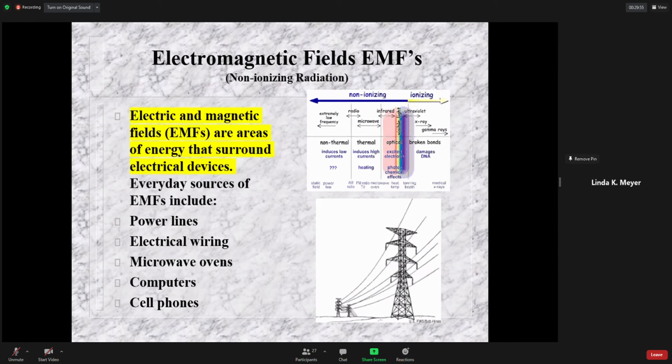You may have heard before when cell phones first came out, they were saying that it caused brain cancer. The World Health Organization even issued a statement that it might. But again, there's just this possible association.